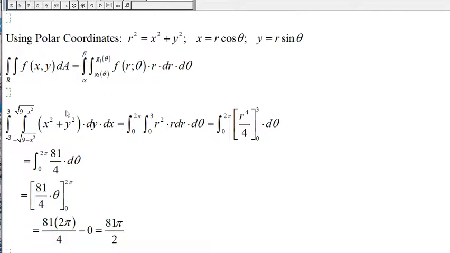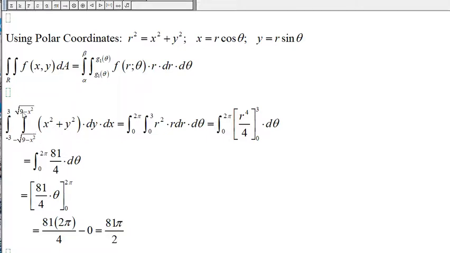And so to go from the rectangular system to the polar coordinate system, we looked at the boundaries here. The inside integral is with respect to y, and so the lower limit of integration is y equal to negative square root of 9 minus x squared.